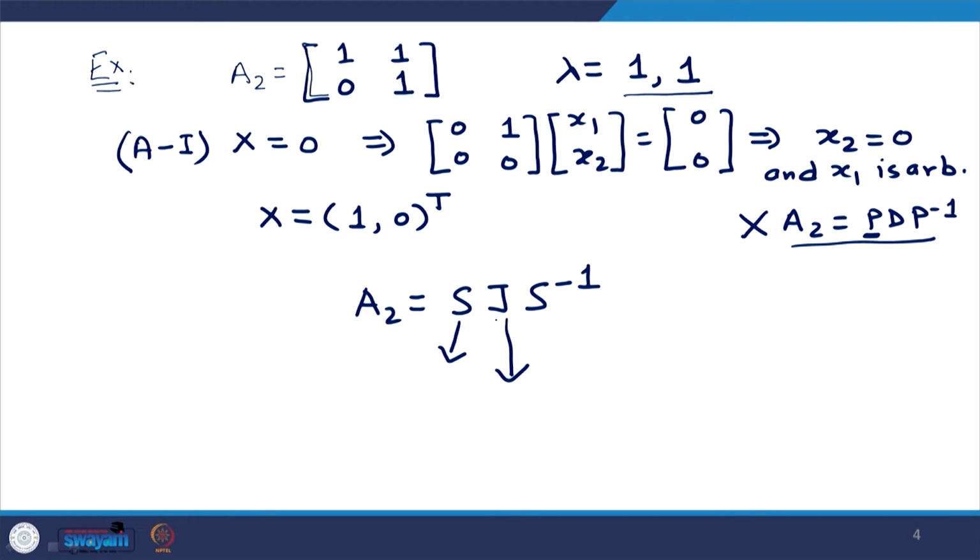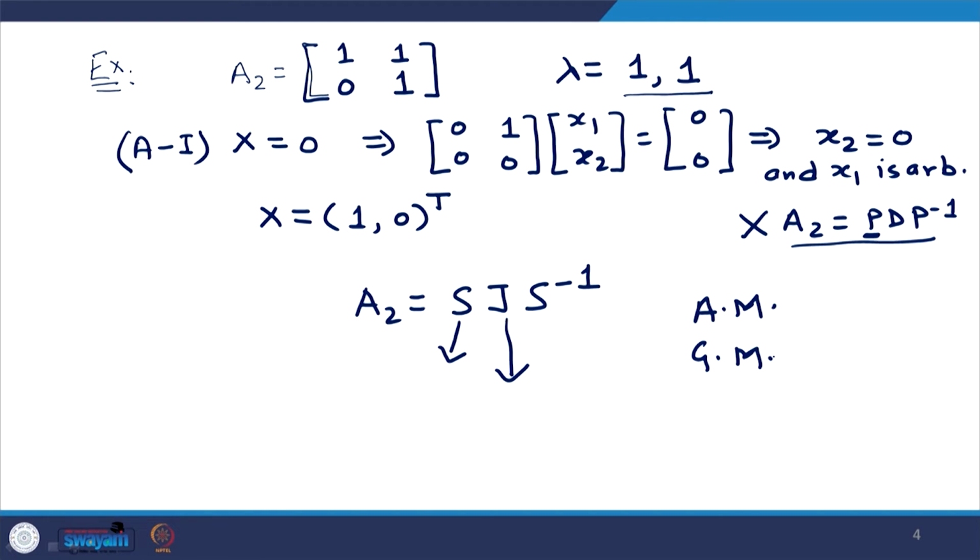J is not a diagonal matrix here; however, it has diagonal entries and a one on the super diagonal in some of the blocks. We will learn about it. Now, another important thing I want to tell you is algebraic multiplicity and geometric multiplicity.